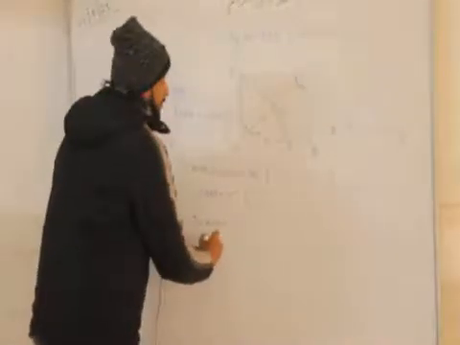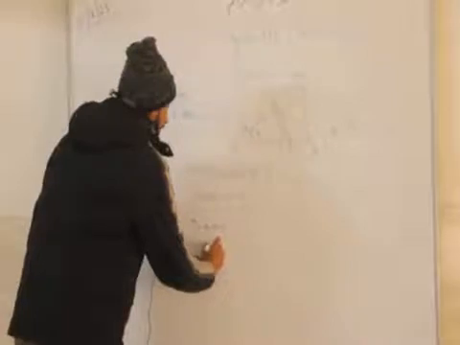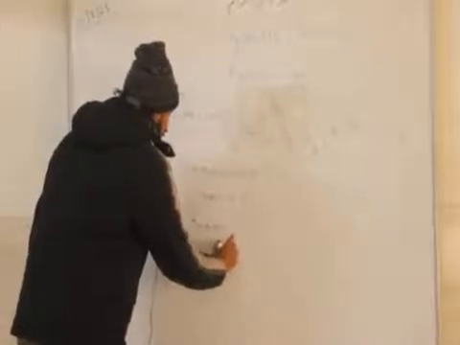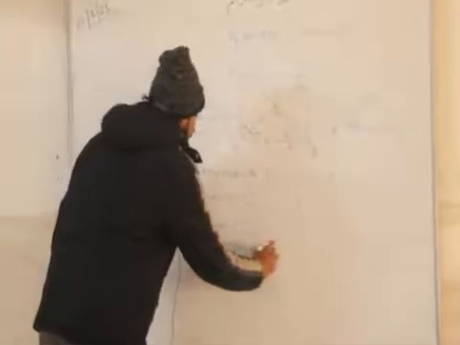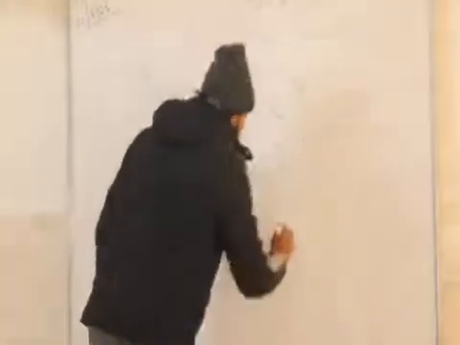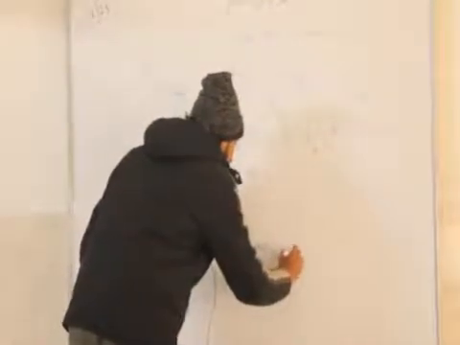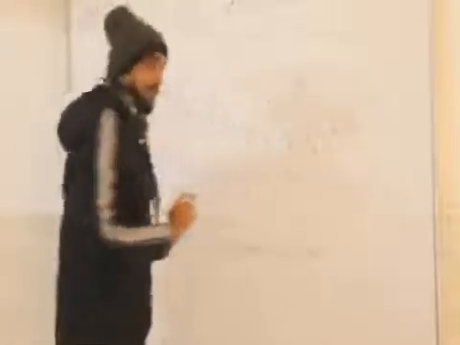So we can write in this triangle AOP: angle OAP plus angle AOP plus angle OPA. The sum of these three angles must be equal to 180 degrees, angle sum property.